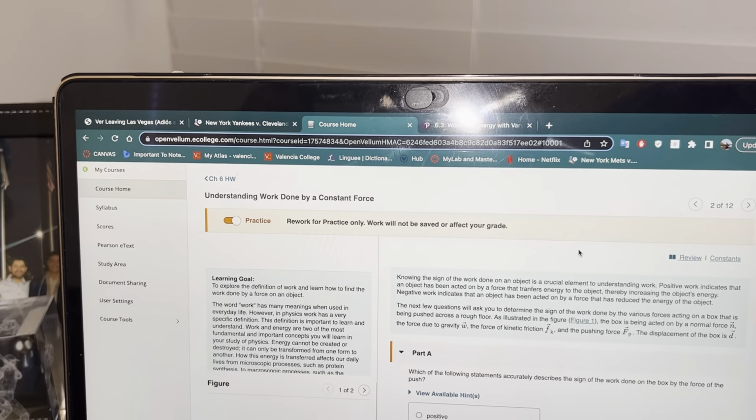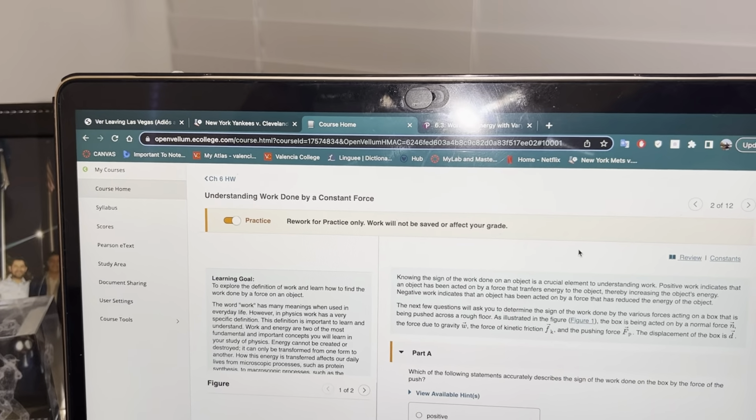Alright, part A. So we know that work is equal to the magnitude of the force times the distance times the cosine of the angle between the force and the direction of the distance.